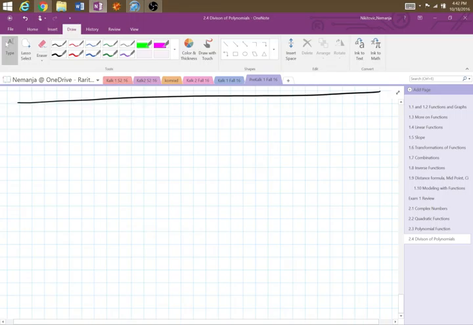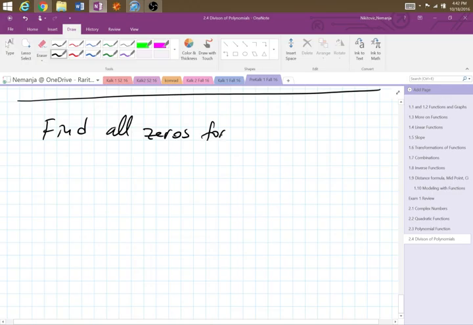It says, find all zeros for polynomial x cubed minus 2x squared minus x plus 2, if you're dividing it by x plus 1.